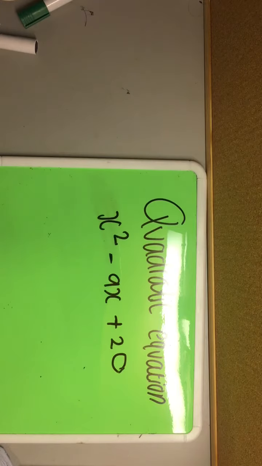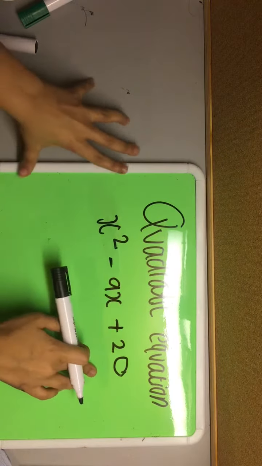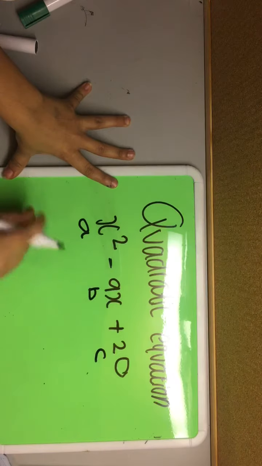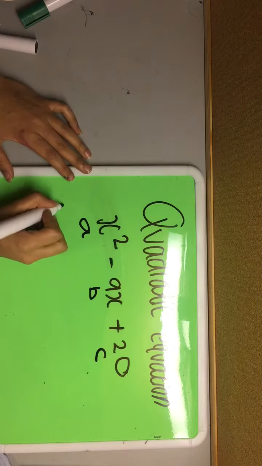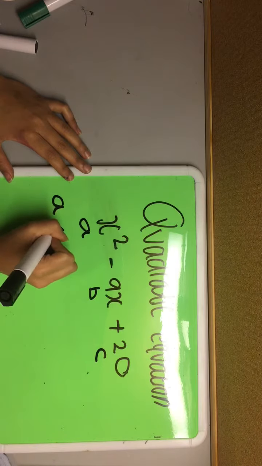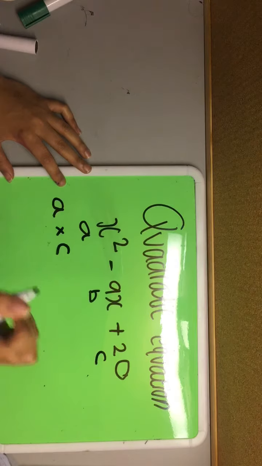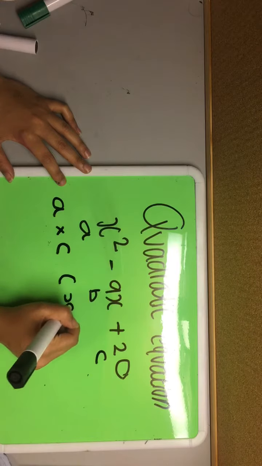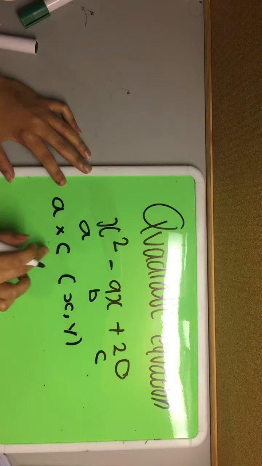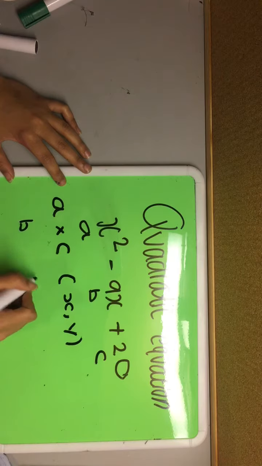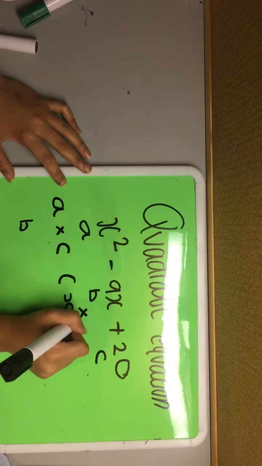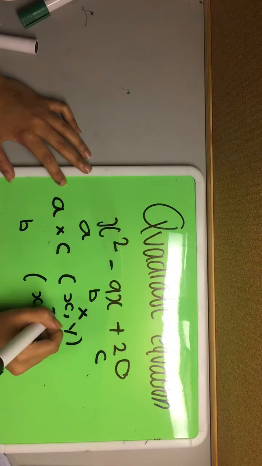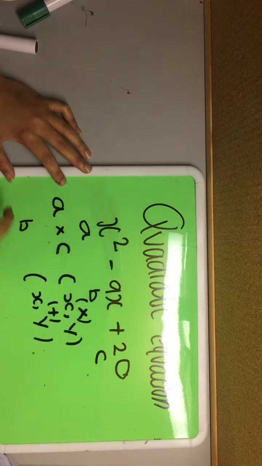The rule with these types of equations, let's first name these A, B, and C. We have to times A and C. So we need 2 numbers, let's just call them x and y, that times to make AC, and 2 numbers that add to make B.